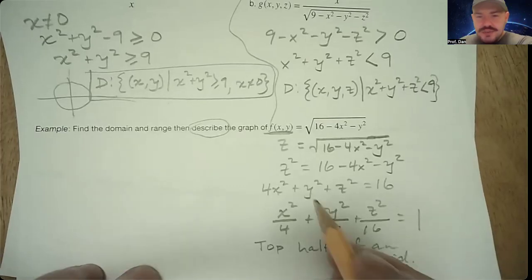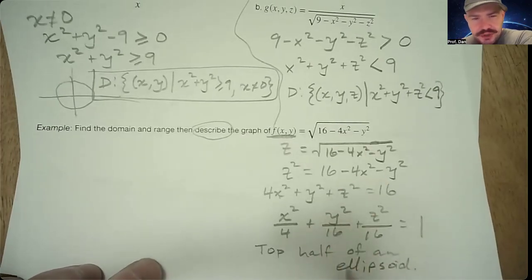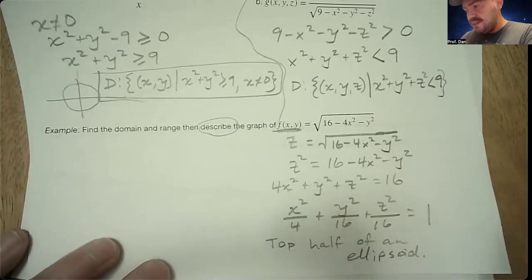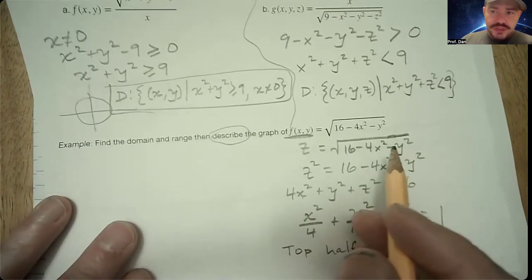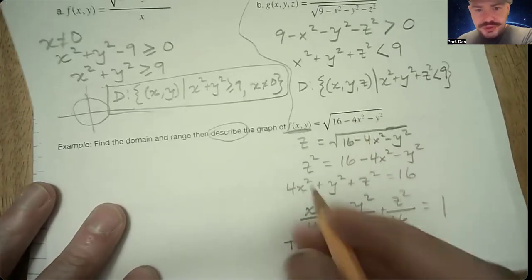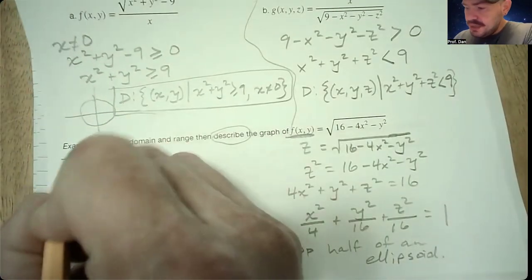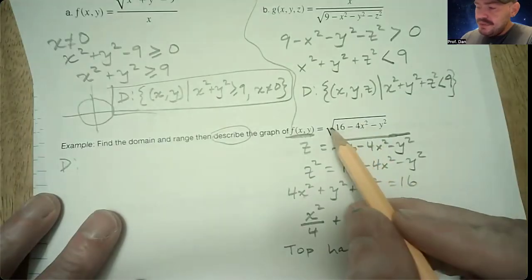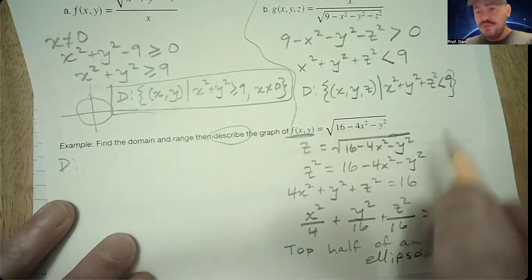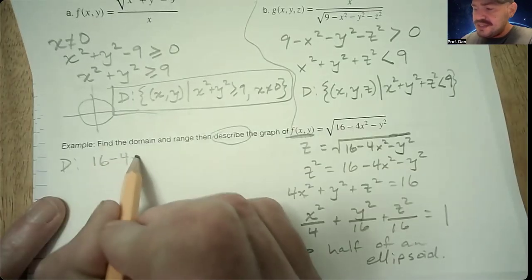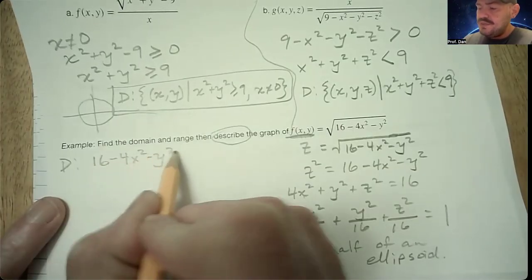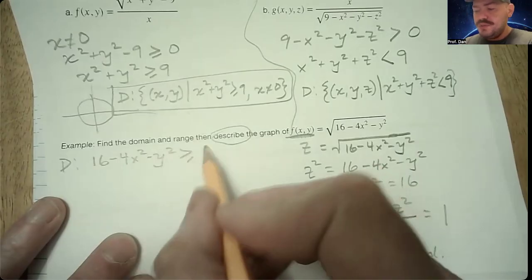All right, so now that we've got that part of it taken care of, let's look at the domain, and let's look at the range. So for the domain, again, we want to look for our math no-nos. Notice we have an even root, and because we have an even root, we know that the inside of that root has to be greater than or equal to 0.